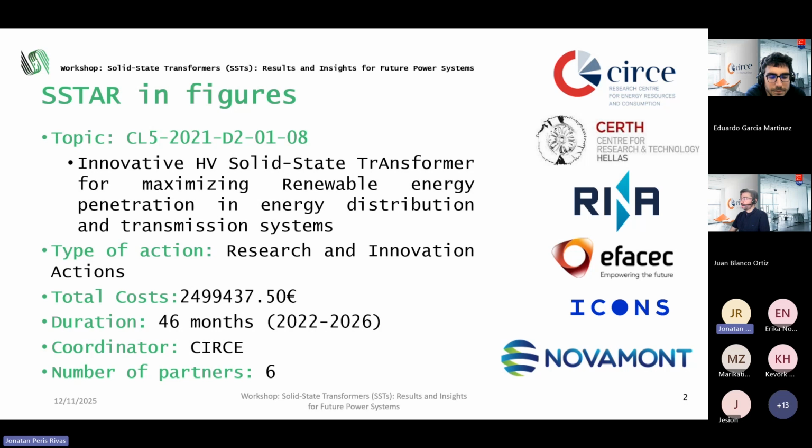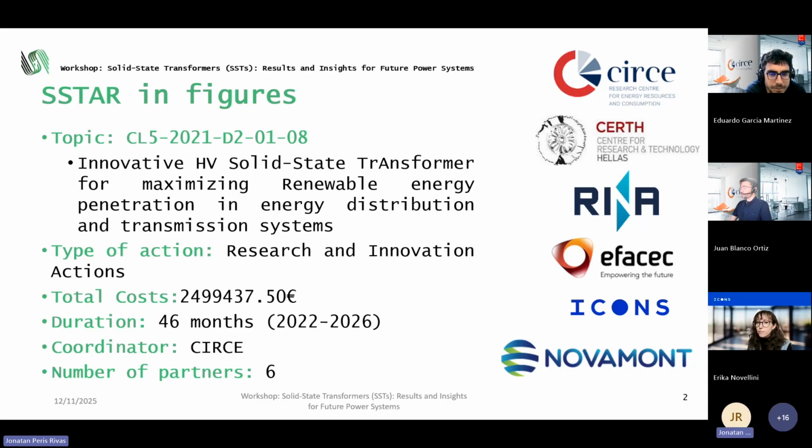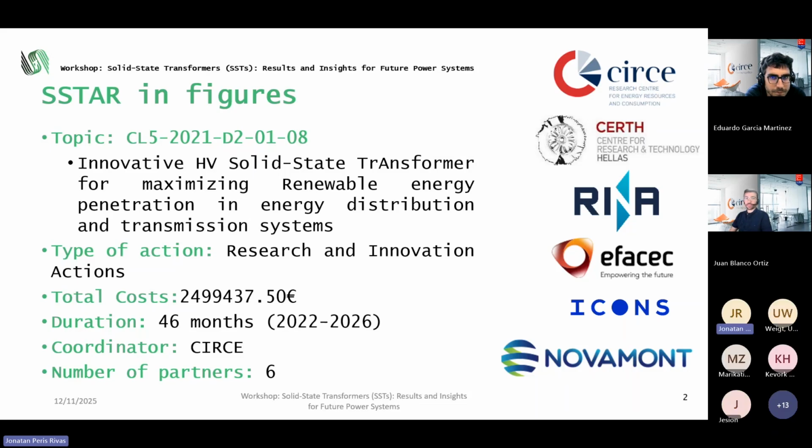The project is coordinated by CIRCE in Spain and involves six partners from four European countries: CERTH from Greece, Novamont from Italy, EFACEC from Portugal, RINA from Italy, and ICONS from Italy as well. Together, we represent a balance between research centers, industrial companies, and communication and sustainability experts.